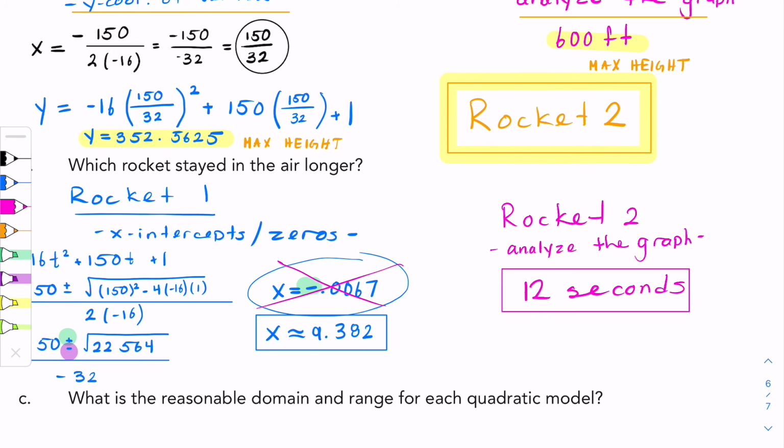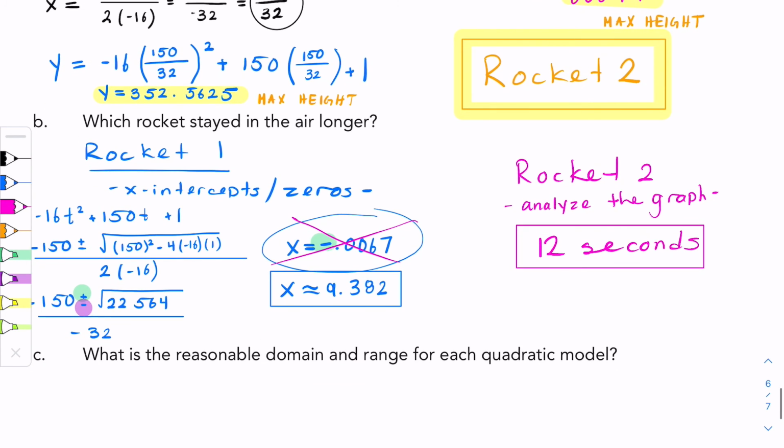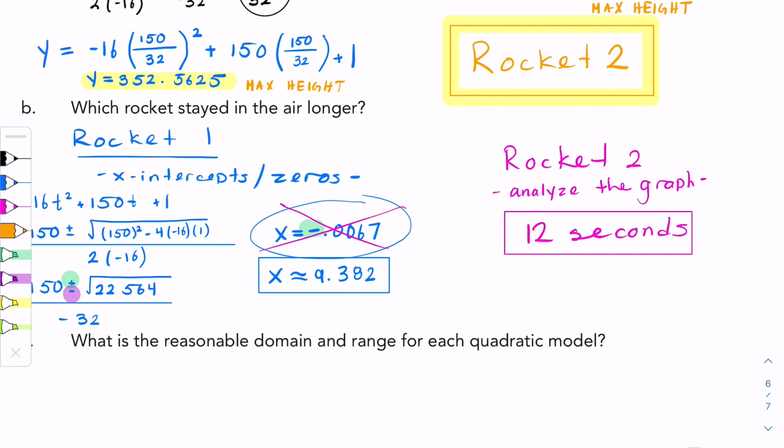So based on our analysis, using the quadratic formula for rocket 1, analyzing the graph for rocket 2, we can see that rocket 2 was in the air longer. Rocket 2 was in the air for 12 seconds versus rocket 1, which was only in the air for 9.38 seconds.